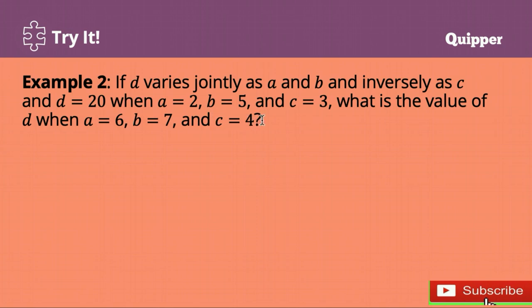This time, it is a combination of joint variation and inverse variation. And we are not just going to find the working equation, but we are going to use that equation to find the value of D.